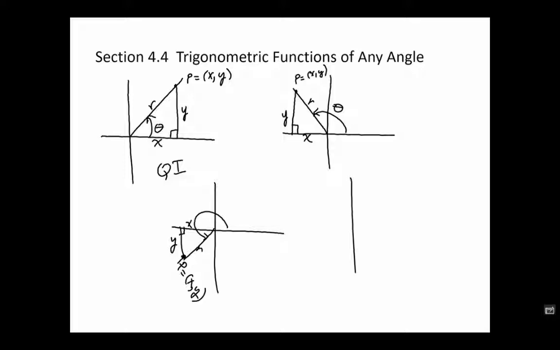And in the fourth quadrant, if we consider an angle theta in standard position, and construct that perpendicular from the point P to the x-axis, this is my right triangle, this is y, this is x, and this would be r.